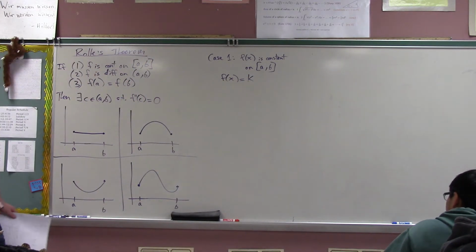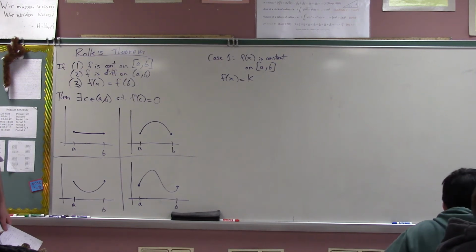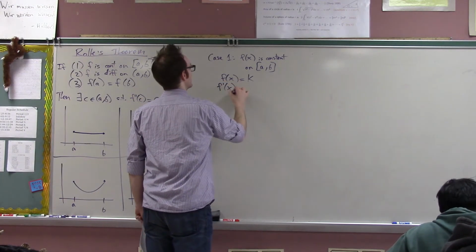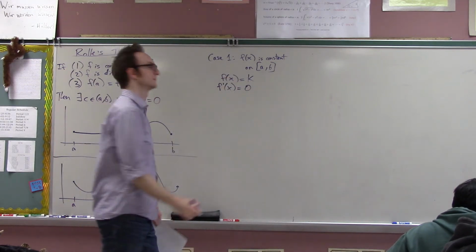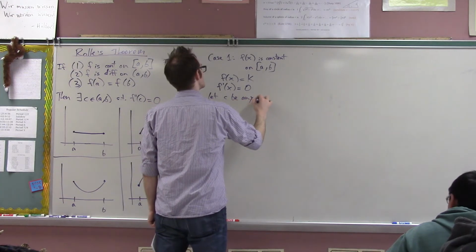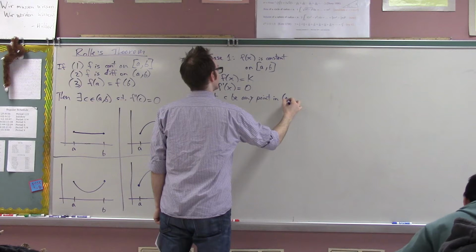My goal is to show that somewhere the derivative is 0. So take the derivative of this. The derivative of a constant function just is 0. So we're just done, right? Yeah. So let C be any point in the interval AB.